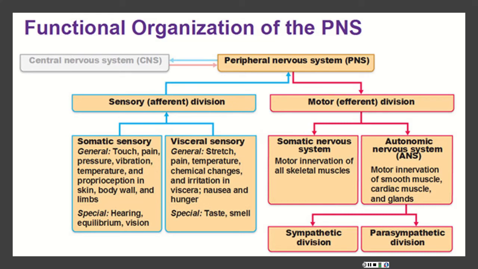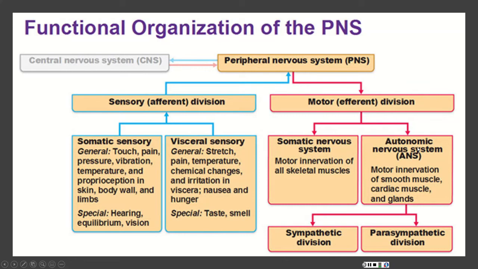When you're writing your notes, when you're walking down the hallway, when you raise your hand to answer a question in class, when you're chewing your food, all of those are using skeletal muscles. They are voluntary. You are doing that at will. So that is part of your somatic nervous system.